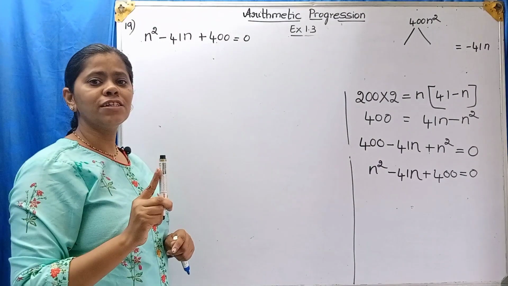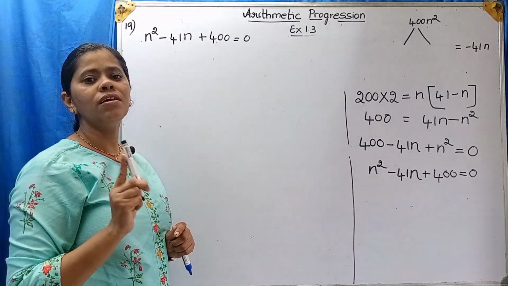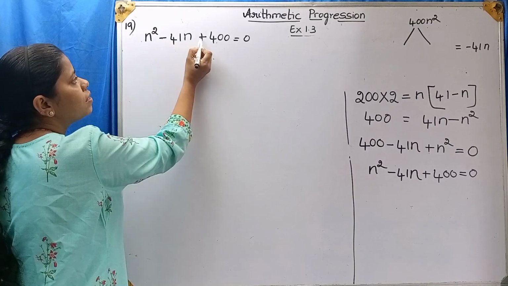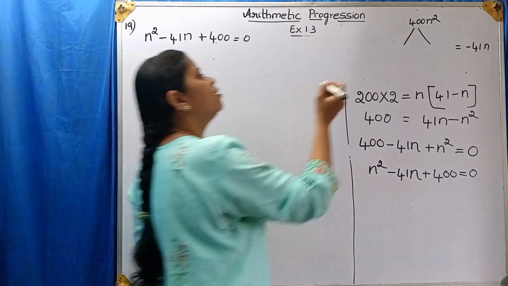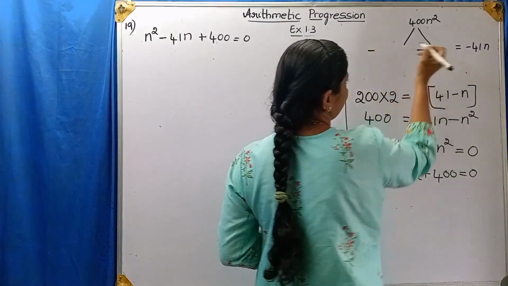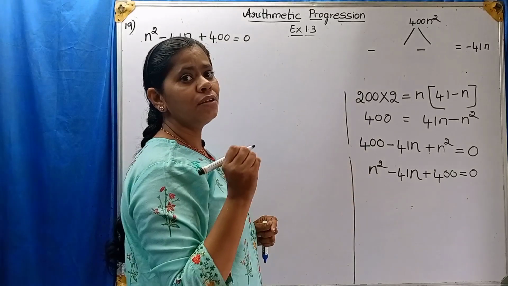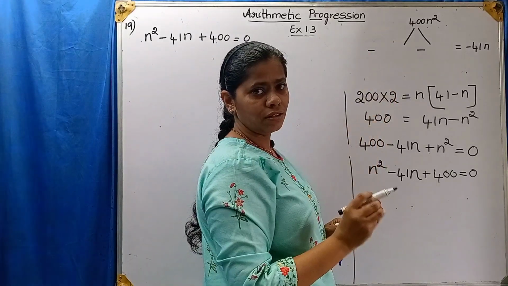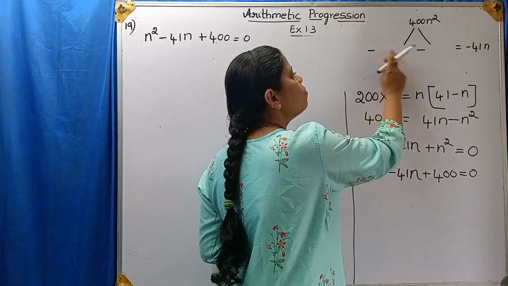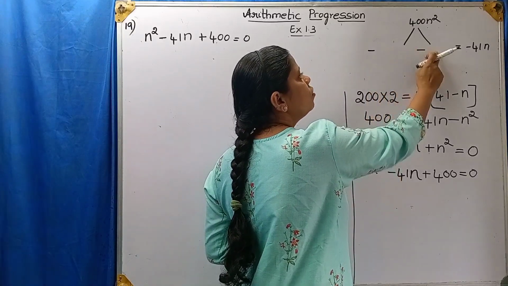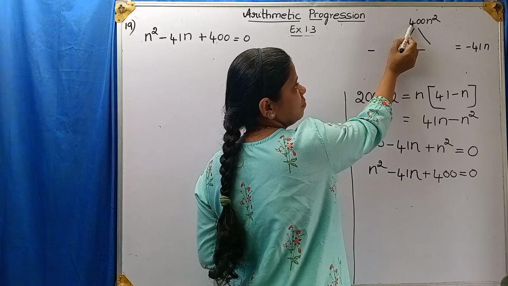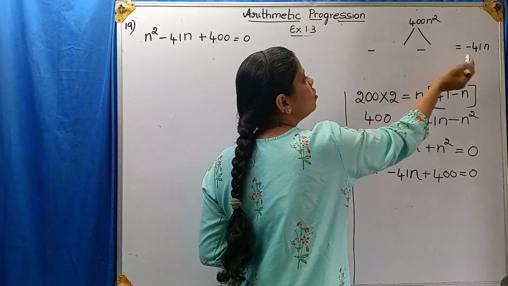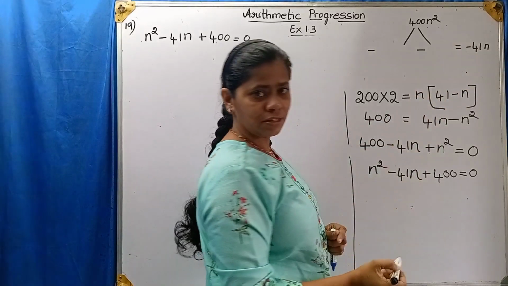This one I will explain to you neatly while doing the quadratic equation lesson. But remember, when it is minus plus, you have to write minus minus. I will tell you why. Now you have to find two numbers so that when you multiply these two numbers, you get this as the answer, and when you add these two numbers, you get this as the answer.